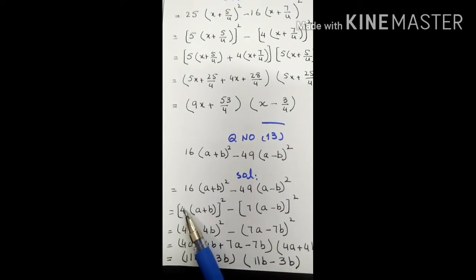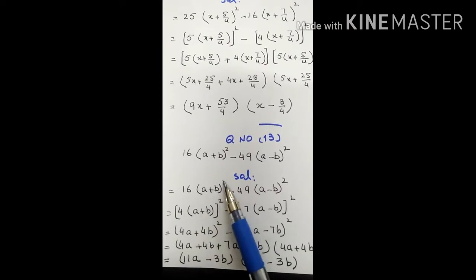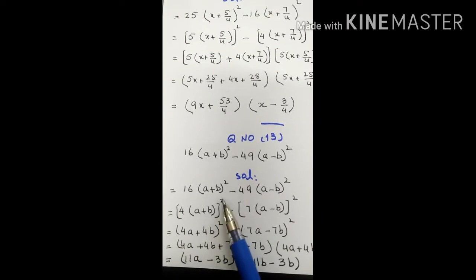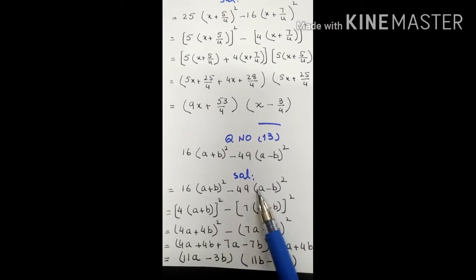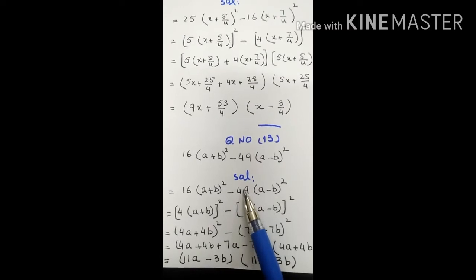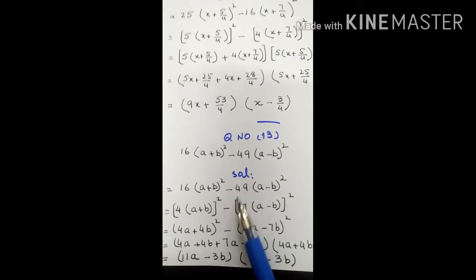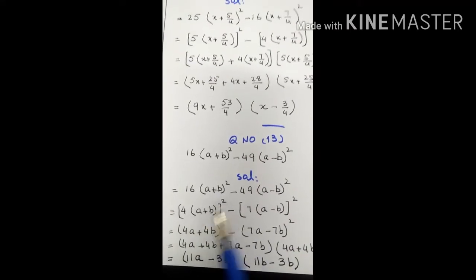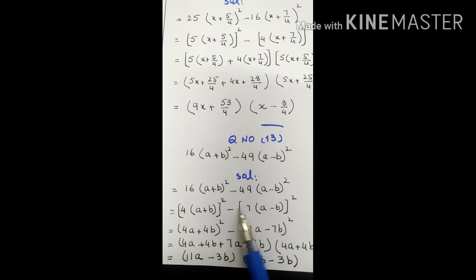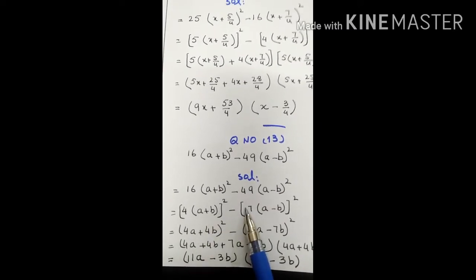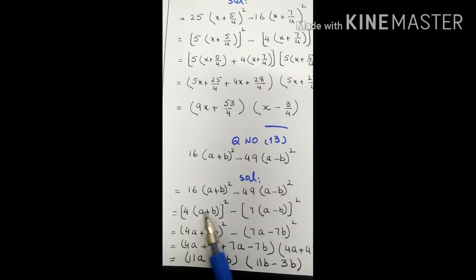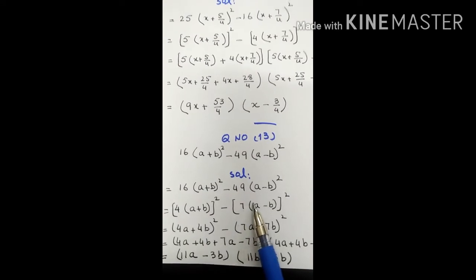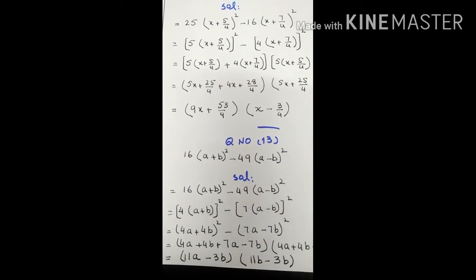16 is the square of 4, a plus b. This is already in square form. We have taken the square of 16, so as a whole, square of this value. Minus a minus b already in squared form. Take the square of 49, which is the square of 7. So convert it into a whole form. It's up to you whether you apply the formula and write it one time positive, one time negative, or multiply this 4 by these values: 4a plus 4b, 7a minus 7b.